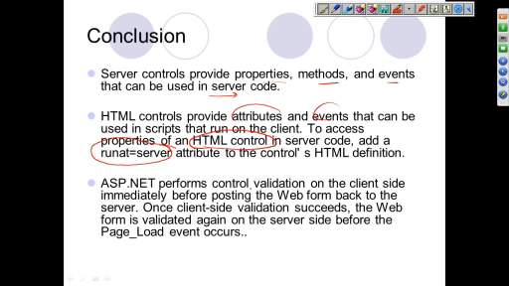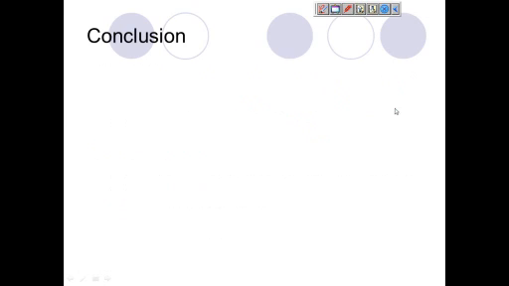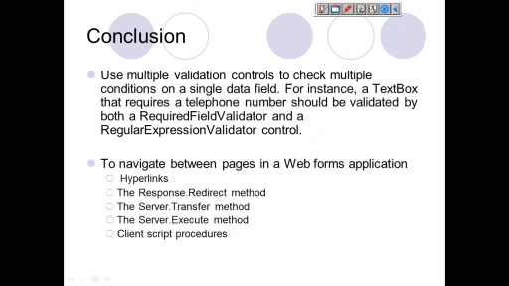In the ASP.NET validations, first validations are performed on the client side before posting the page to the server. Once these validations succeed, then it is validated again on the server before the page load event, in the page init. We can use multiple validation controls for a single server control.